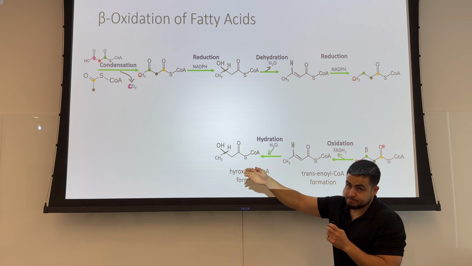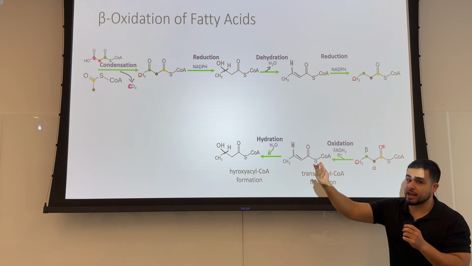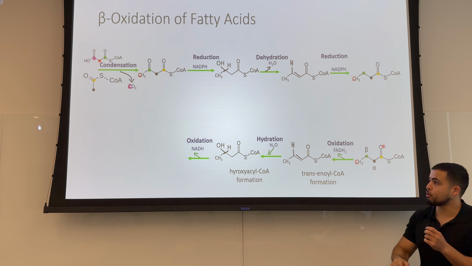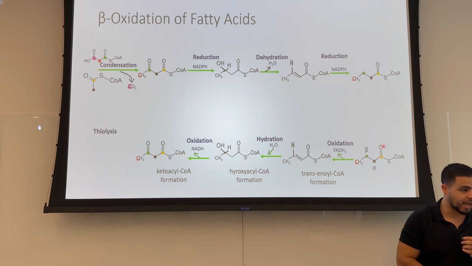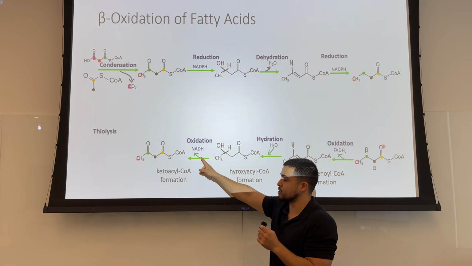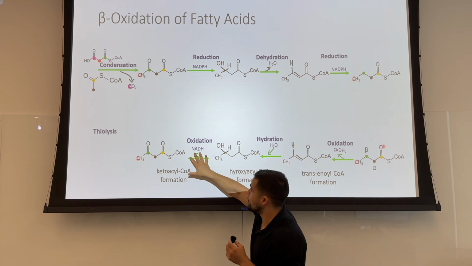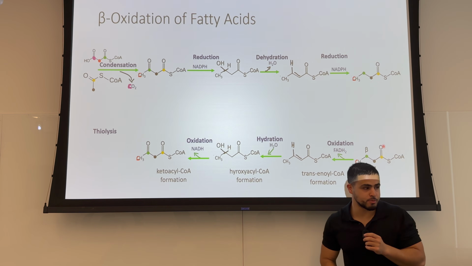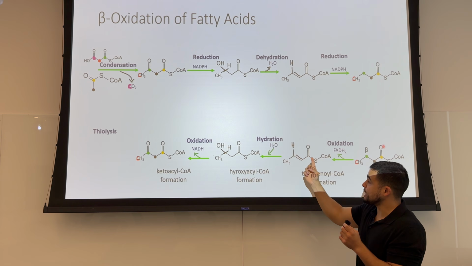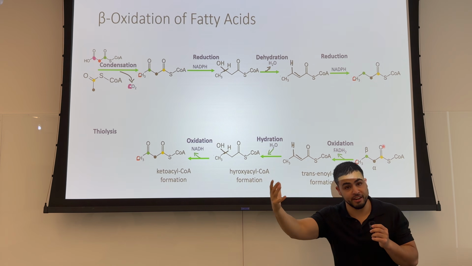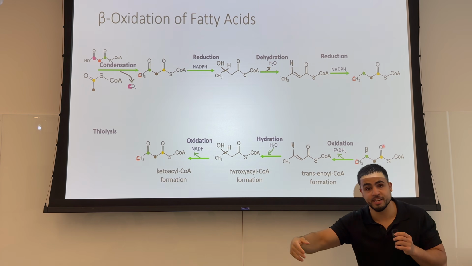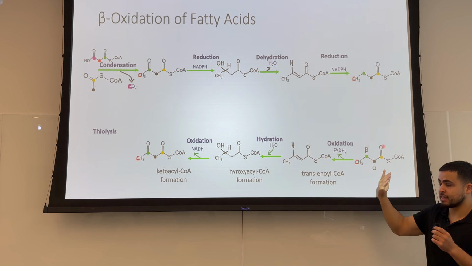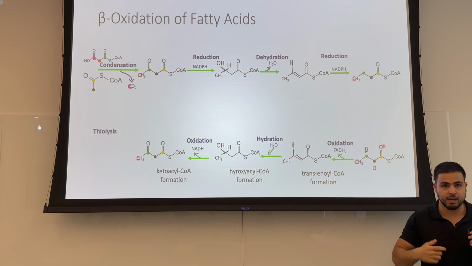After that, the next step, as you may have guessed, is again going to be another oxidation step to oxidize the alcohol into a ketone. And once again, we needed an oxidizing agent, so we used NAD+, and that's why we're releasing NADH as part of this process. And remember, NADH and FADH2 can eventually participate in the electron transport chain and generate ATP for us. So that's part of this fatty acid breakdown and generating energy.